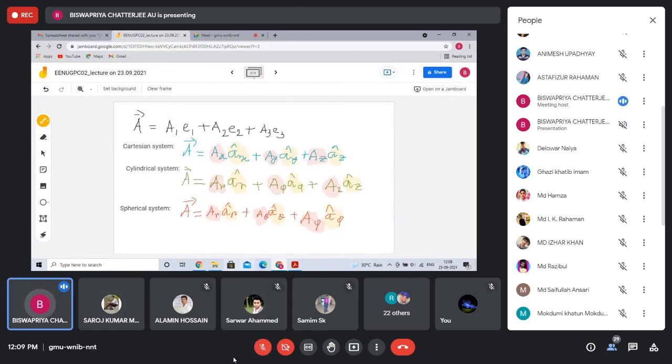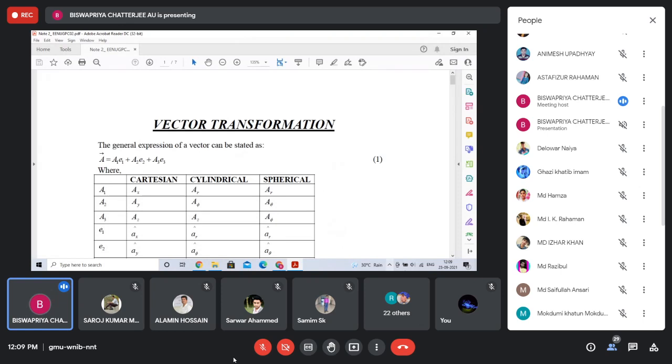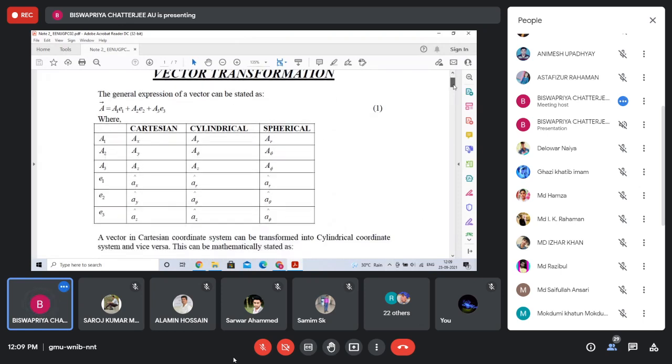In the second note, you will see at the start a table is given. The general expression of a vector is written as a1 e1 plus a2 e2 plus a3 e3.